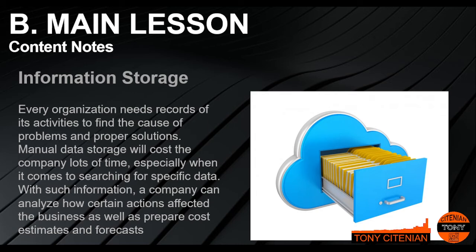So as you can see in the illustration, there is a cloud, and it has a type of drawer, okay, that stores into the cloud. One of the cloud storages that offers free personal storage is Google Drive. We have also OneDrive, and many more. For Google Drive, we have 15 gigabytes of storage.